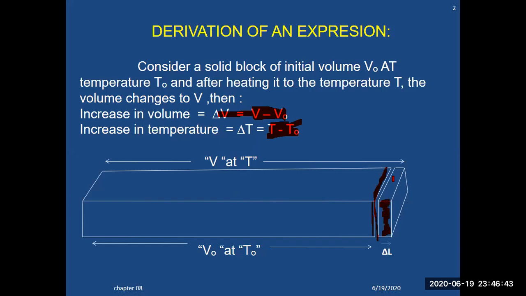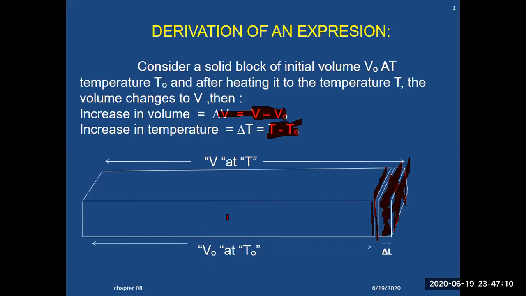You see this increase in three dimensions: length, breadth, and height. This is the effect of heating. At temperature T naught the volume was V naught. When the temperature increased from T naught to T, the volume increased from V naught to V.